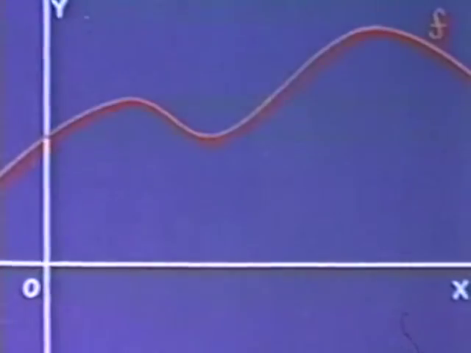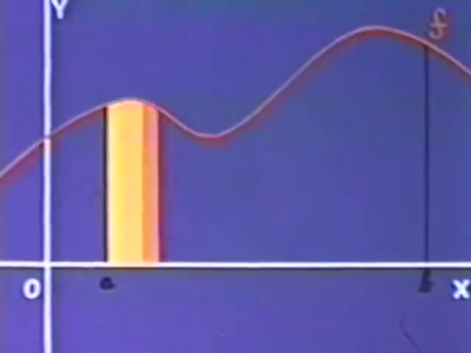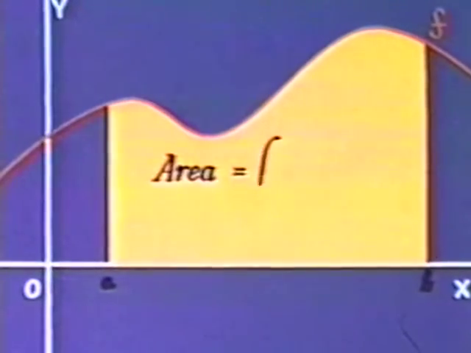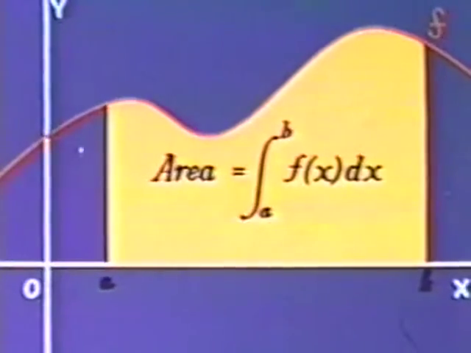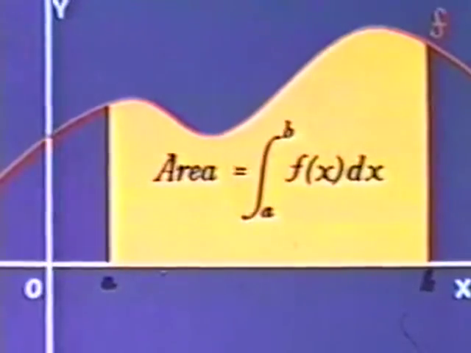In another film, we shall define the definite integral, which will provide us with a formula for area and also a practical method of calculating the areas of sets of points under the graphs of many important functions.